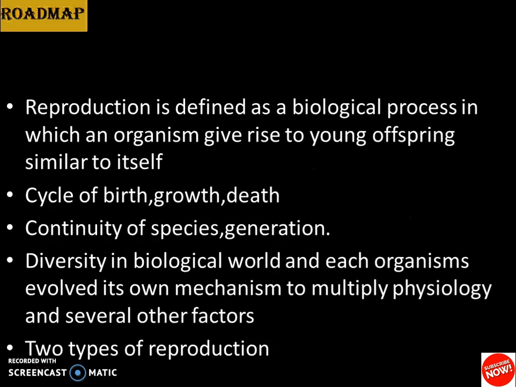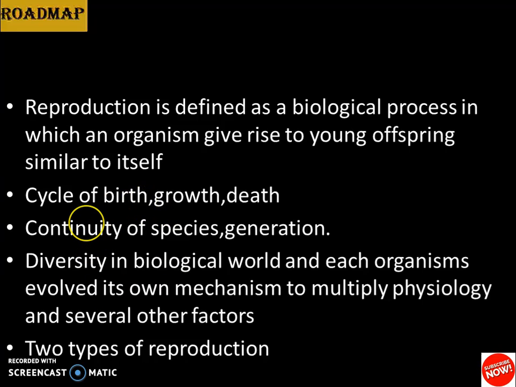Now, coming to reproduction. Reproduction is defined as the biological process in which an organism gives rise to young offspring similar to itself. Then the cycle of growth, birth and death takes place.